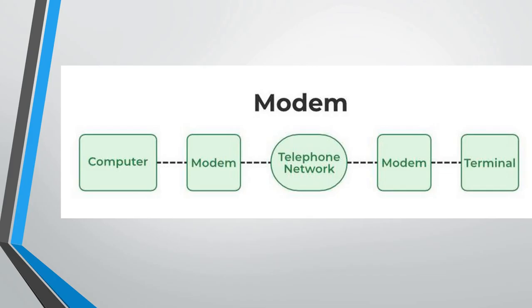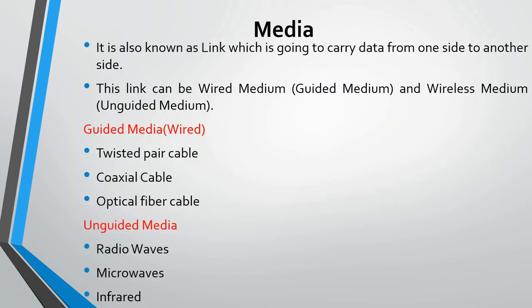The modem at the client side converts the data signal into an analog signal and transmits it to the telephone network, and the modem present at the terminal side converts the analog signal to a digital signal and sends the data to the terminal. This is the functionality of a modem.